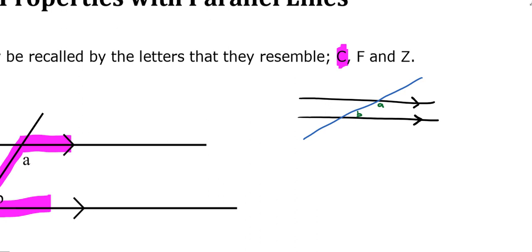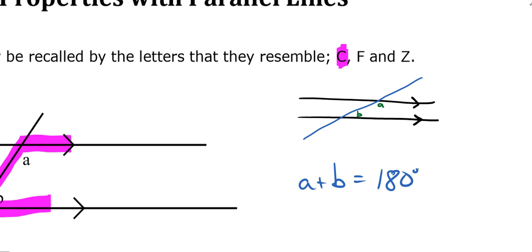So it turns out the rule is A plus B equals 180. That familiar number. We don't have to remember any new numbers. The C pattern tells us we add those 2 angles, we get 180. So if I know one of them, I can subtract from 180 to get the other. Does that make sense?